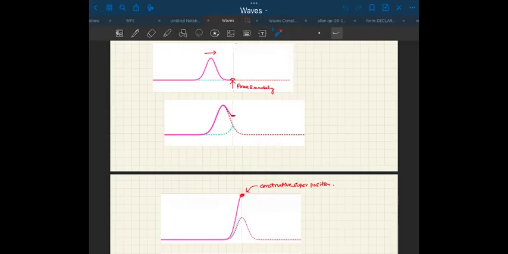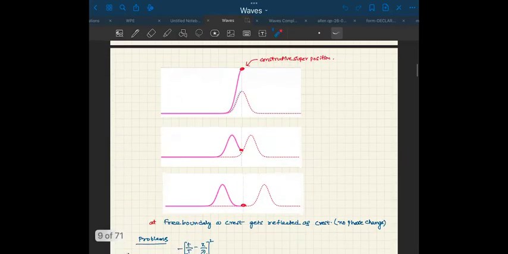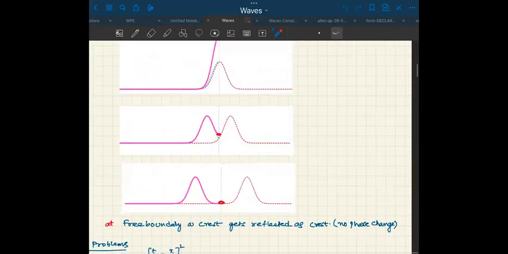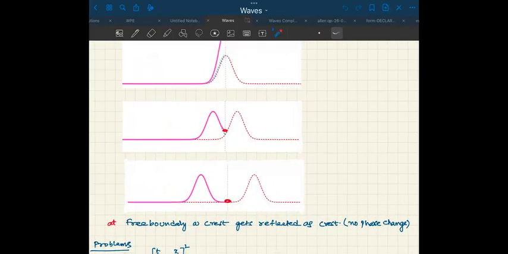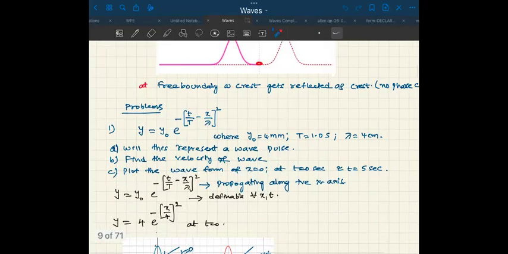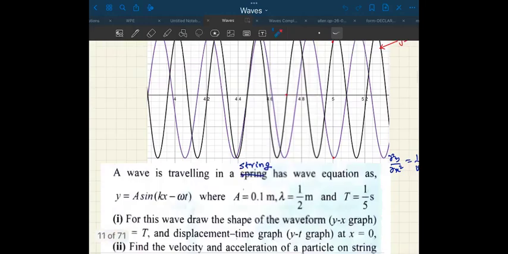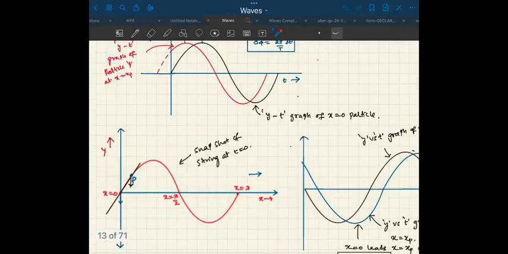And again, the process gets repeated in the same sense, like this, and it travels in the same sense, which means the reflected and the incident are in the same phase. This is some theory related to reflection of a wave at the free boundary. Actually, we are supposed to do some numericals on this.